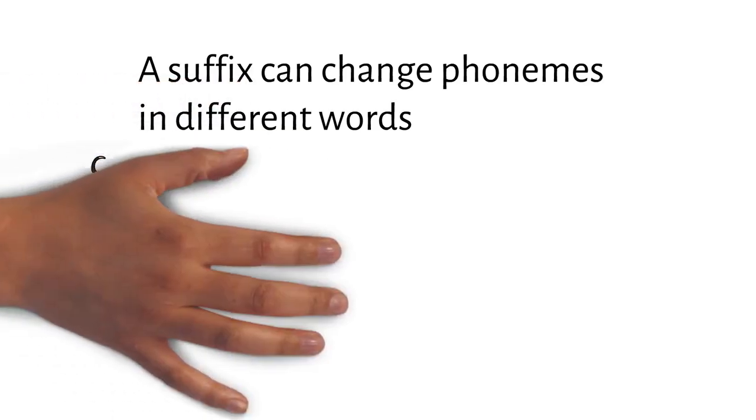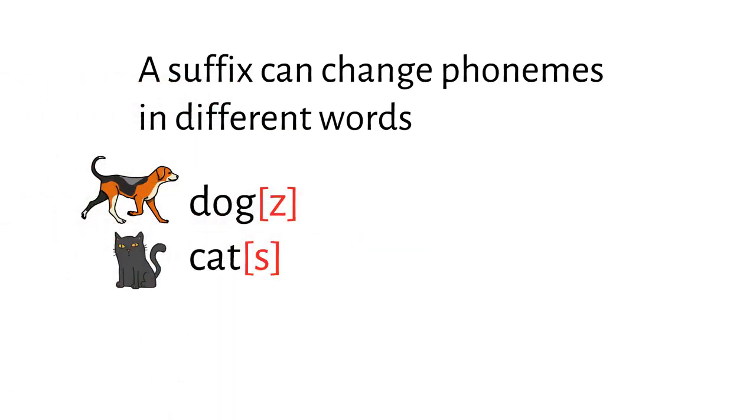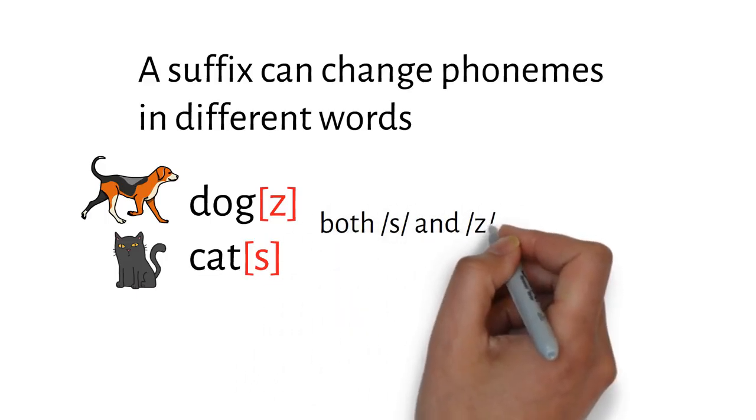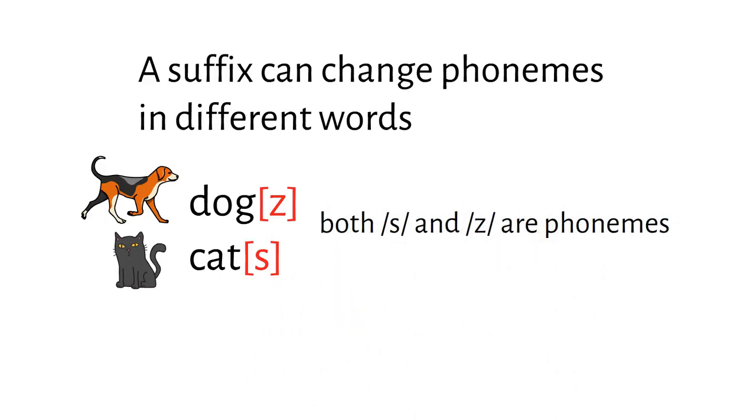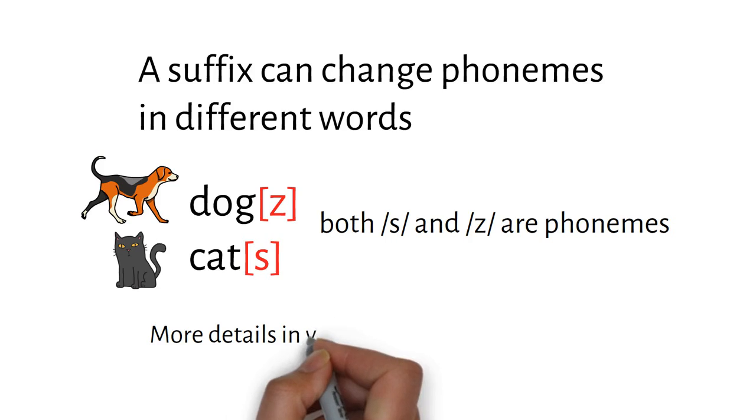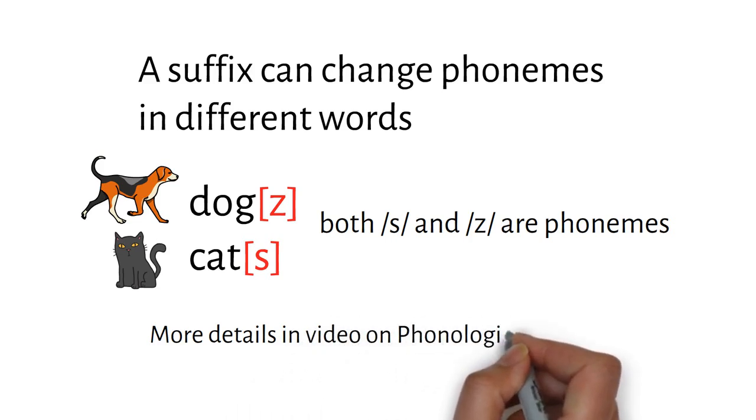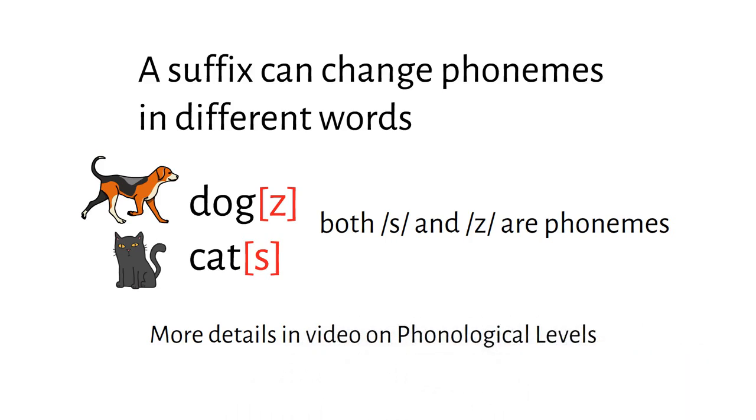Here's a case in English, dogs and cats, where the plural suffix in dogs has a Z sound, but the plural in cats is pronounced S. And both S and Z are phonemes in English. This gets into more detail in phonology than we will discuss in this video. We will cover more complex cases like these in our video on phonological levels.